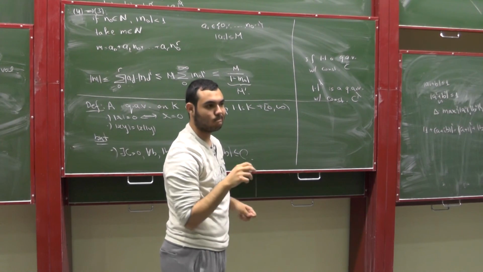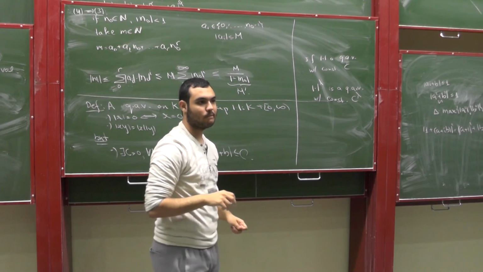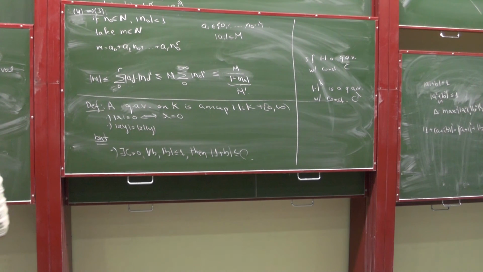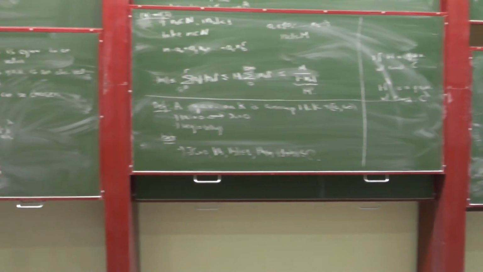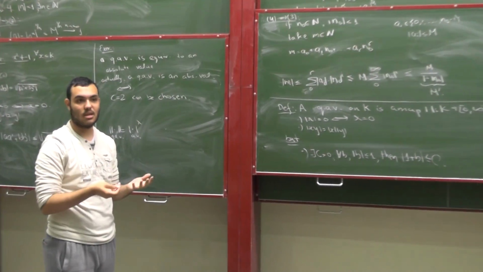So there is something wrong with this exercise. Which exercise? That something is equivalent to an absolute value if a particular C can be chosen. Because now you say that this scaling process, of course, changes C. Right, of course. It is clear. So what does the exercise ask us to do? Well, if C is smaller than 2, then of course you can make it larger.